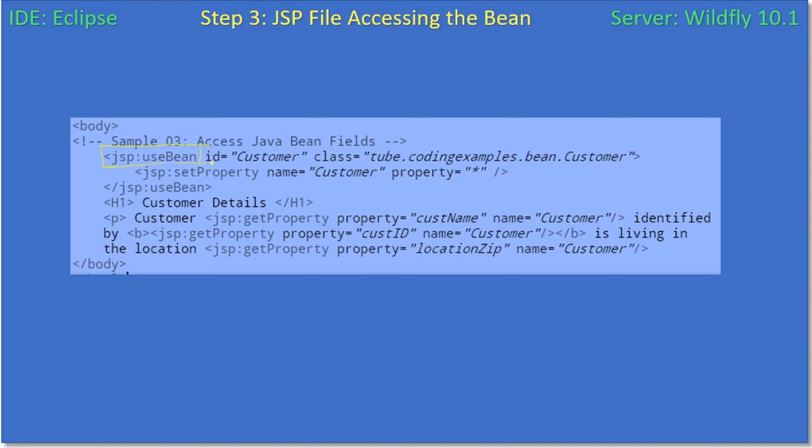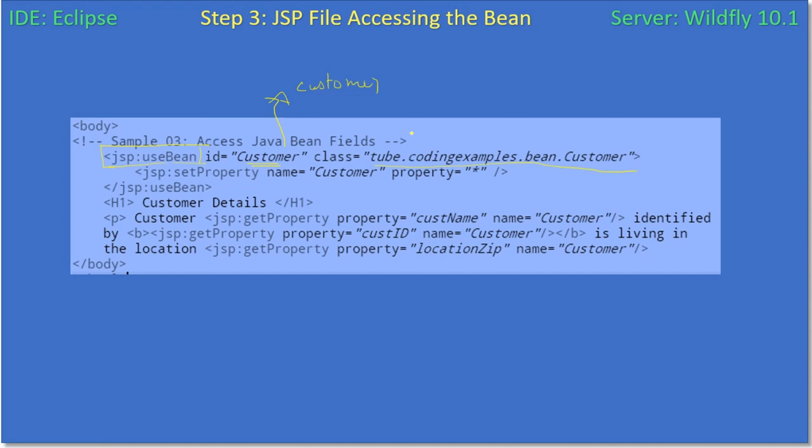Here we are identifying this bean as customer. You can give any name, you can even give CUST, ABC, whatever you want. Here we just give an ID, customer, and here we are mapping the bean class.